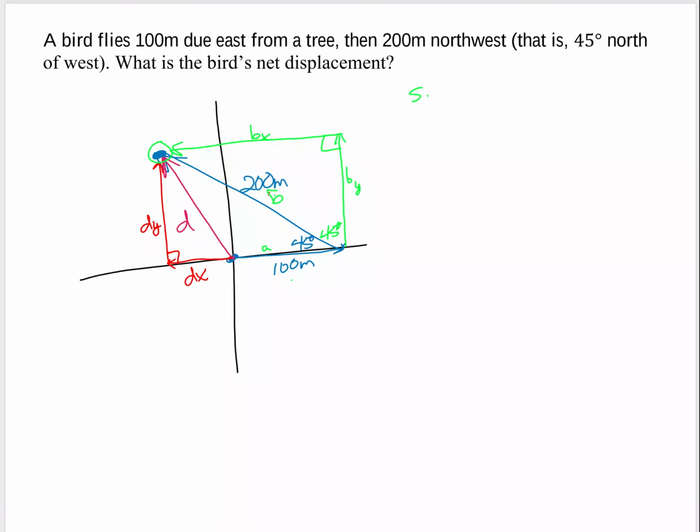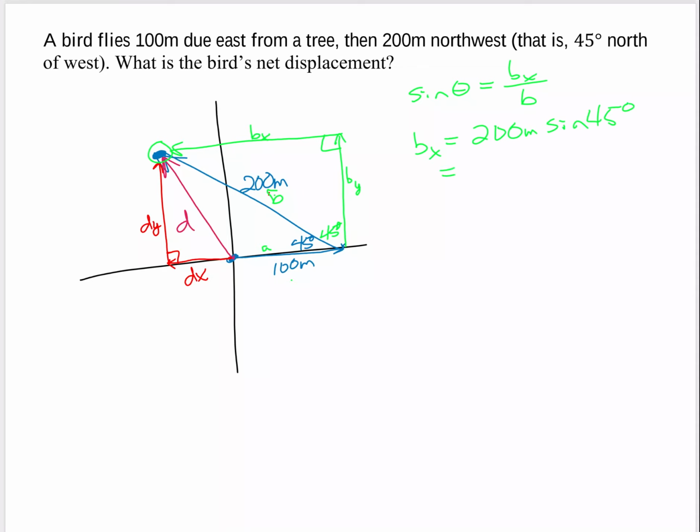Okay, sine theta equals b sub x over b. Then multiplied by b. So b sub x equals b, which is 200 meters, times sine 45 degrees. All right.